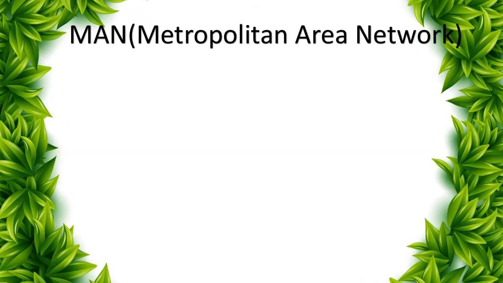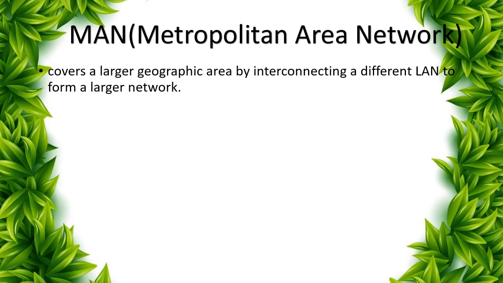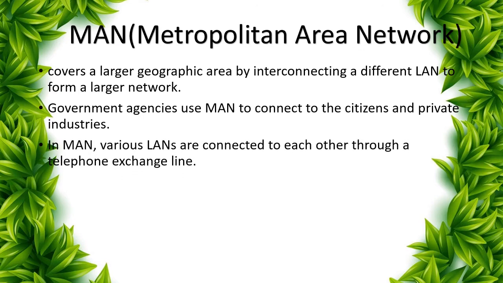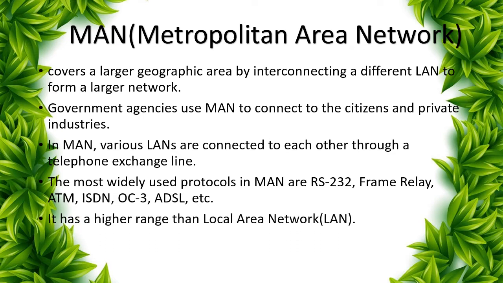Next, the metropolitan area network covers a city, a little bit larger than a LAN, which is only within buildings. Metropolitan networks cover the cities. Using the telephone exchange line we can do that, and some other protocols are also used, such as frame relay, ATM, and ISDN. It has a higher range than the local area network, and the space it covers is also higher.